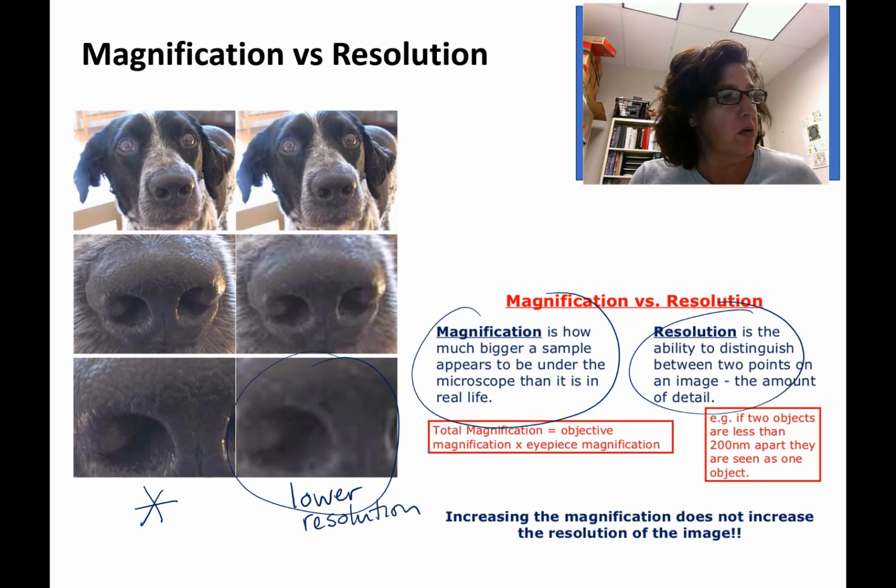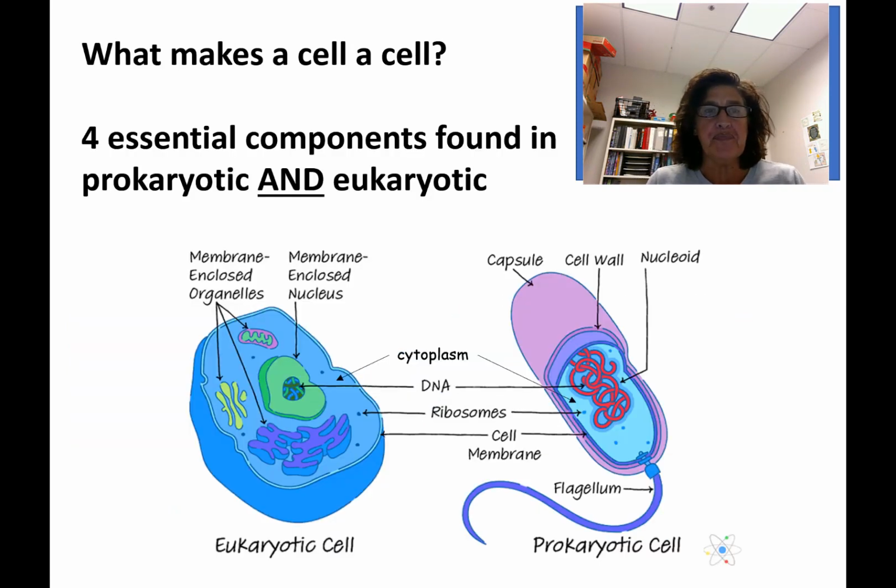Good. So one more part I want to talk about in this video is what makes a cell, and why cells are small. And then we will pause, and then we will go on to organelles of the cell. Okay, so all cells have 4 essential components.